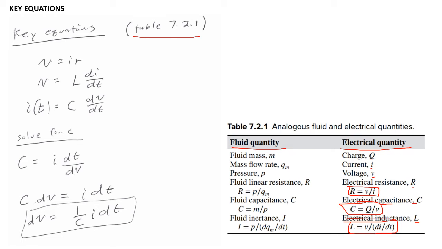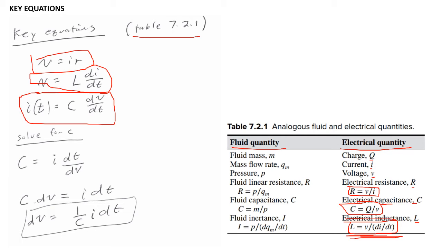My key equations: I'm going to grab the ones I think I'm going to utilize for this problem. I have my standard V is equal to IR. Once I rearrange the last equation from the table, V is equal to L times di/dt, solving for V. I also have the relationship that I of t is equal to C times dV/dt. These are my key equations for this problem.